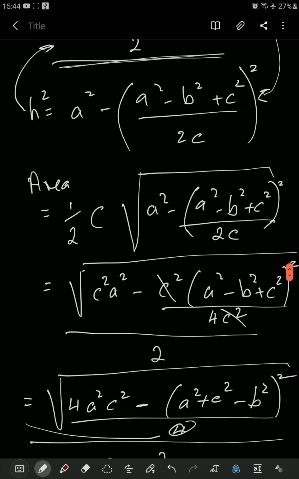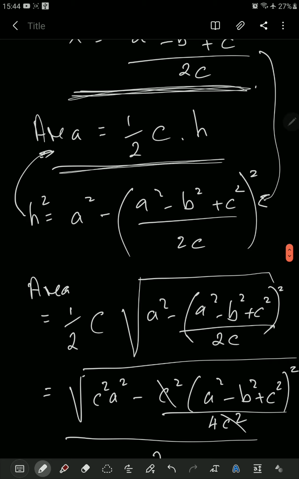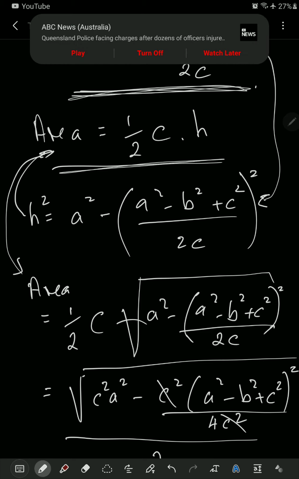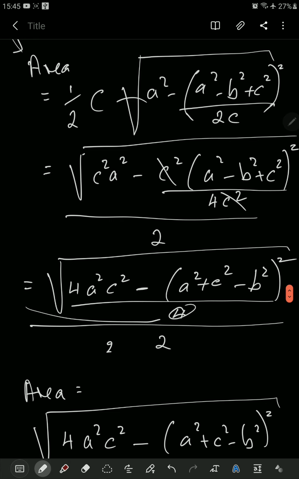Then our area can be written using the formula here in terms of h and x. So we have a half c times the root of a squared minus ((a squared minus b squared plus c squared) on 2c) all squared. And if we carry the c inside the square root, it becomes c squared. This makes it a lot easier to cancel things out. So we can have c squared times a squared, minus c squared times (a squared minus b squared plus c squared) squared.